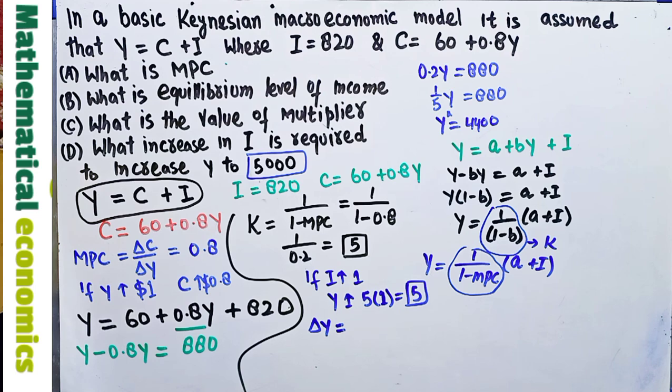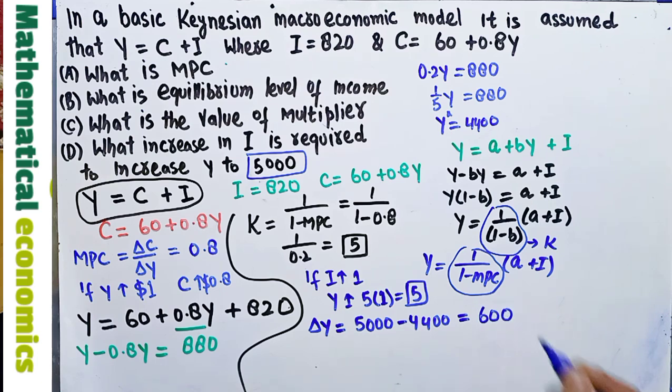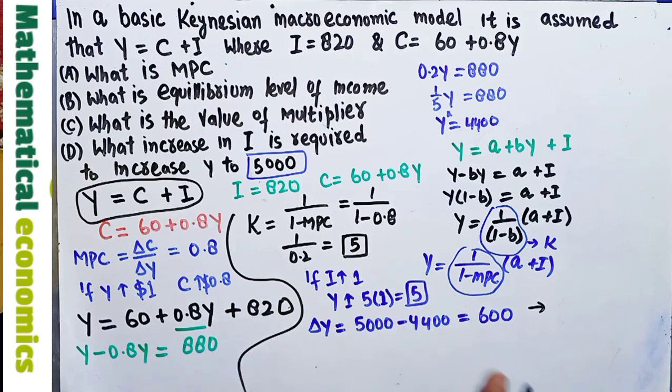That will be equal to the income that is to be increased to, that is 5,000, minus the equilibrium level of income, that is 4,400. That means the change in income that we want to occur is 600.